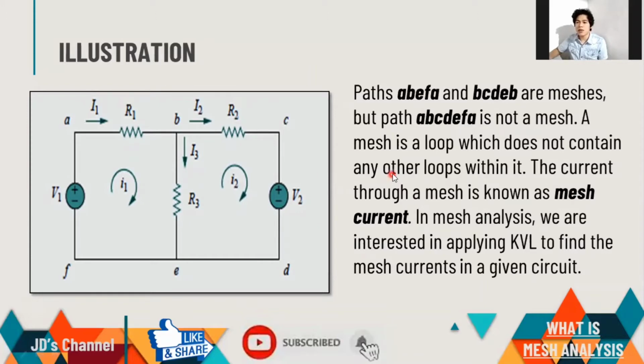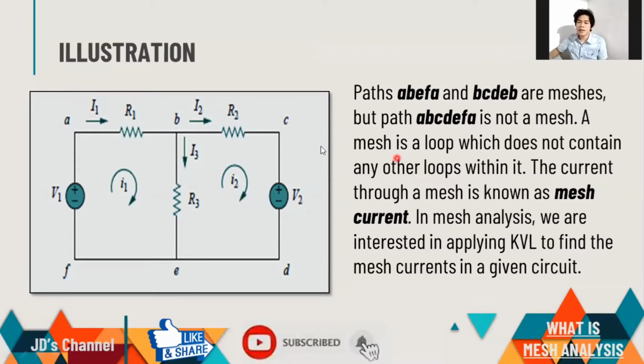Here, the paths A, B, E, F, back to A, form a closed loop. So this is a loop. And then B, C, D, E, B is another loop. So these two are the meshes, or loops. We have loop 1 and loop 2.